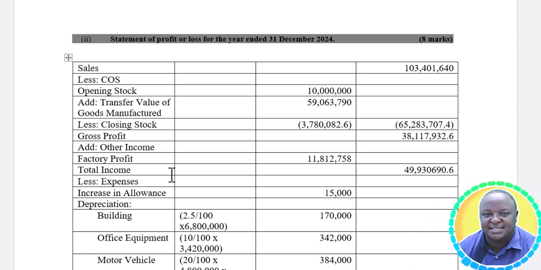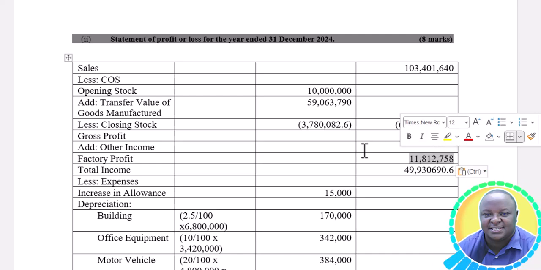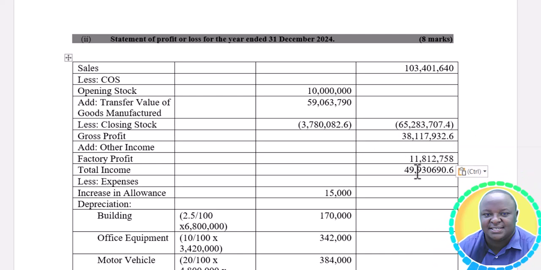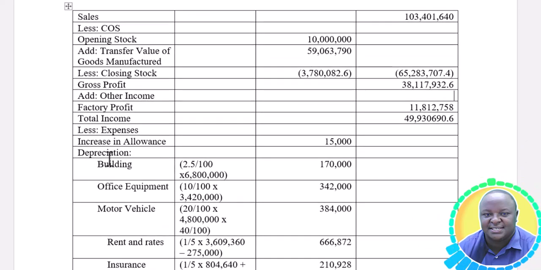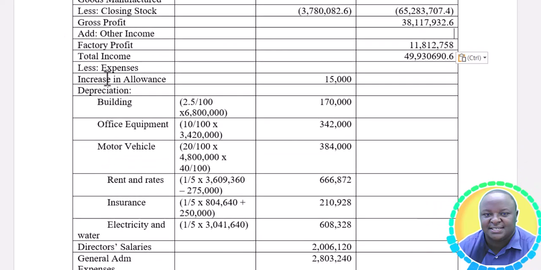Then you add other income, which is the factory profit. On that, you will be able to get the total income. So then you less the expenses. Of course, on this part, I've started with an increase in allowance.